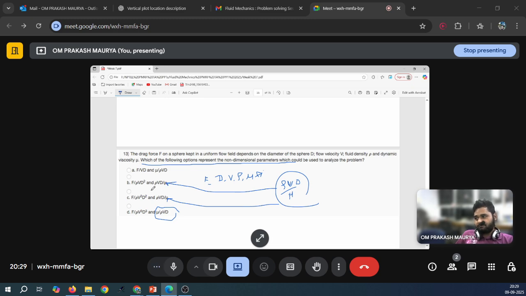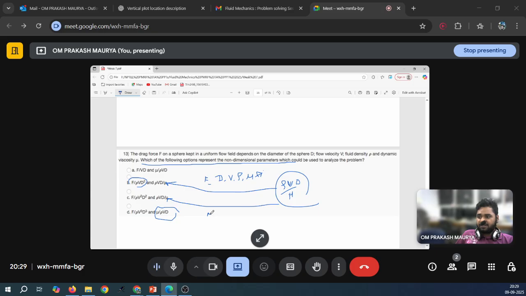Now these two options are remaining only. Force divided by rho v d square, and force divided by rho v square d square. Non-dimensional means what? The force unit should be equal to the dimension of rho v d square.